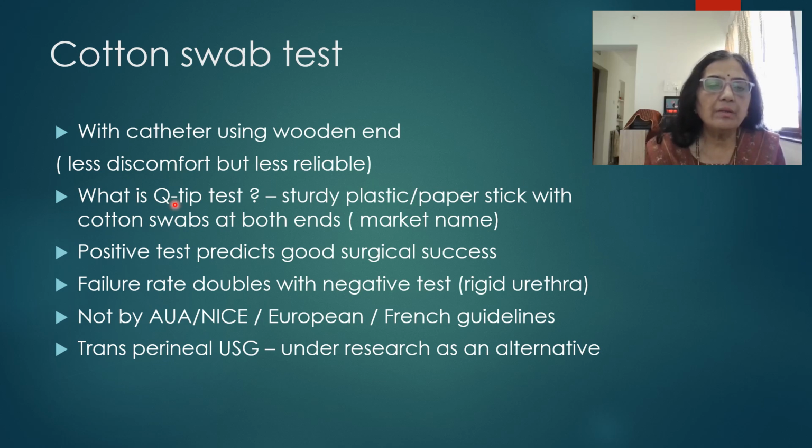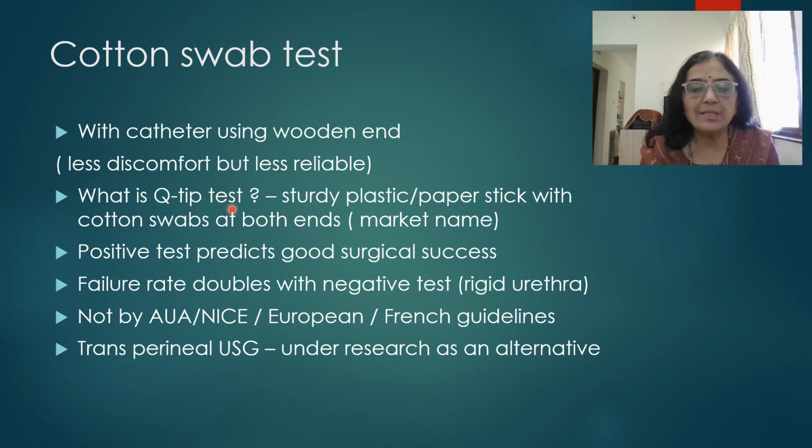Now, many textbooks give it as the Q-tip test. Many articles on SUI also mention the Q-tip test, and you will be confused about the difference between the cotton swab test and the Q-tip test. Q-tip is nothing but a market name of the cotton swab, that you remember.